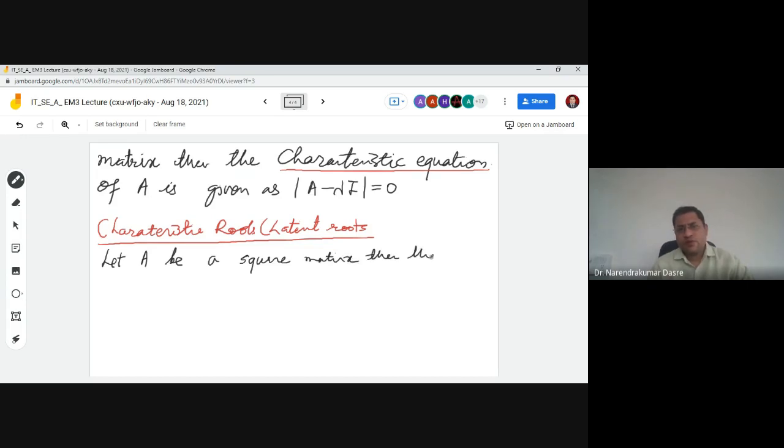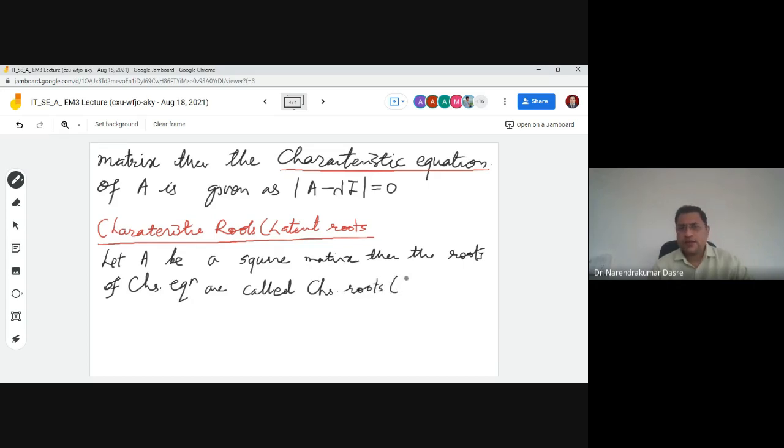Then the roots of the characteristic equation, and this is the standard abbreviation you can use, are called characteristic roots.